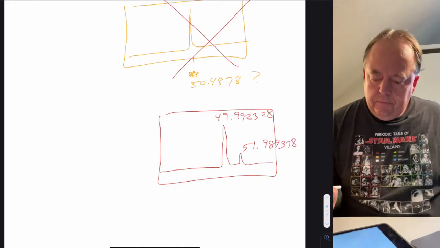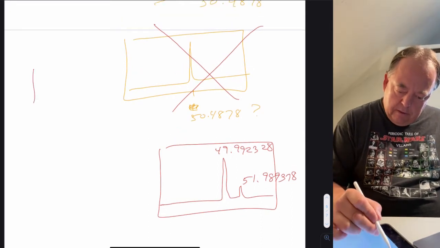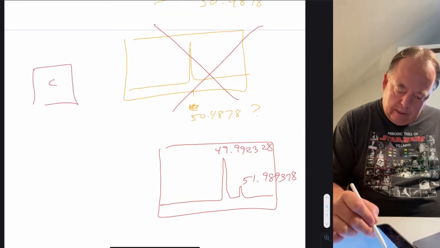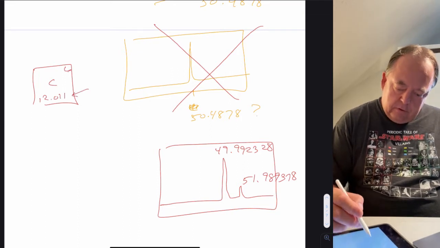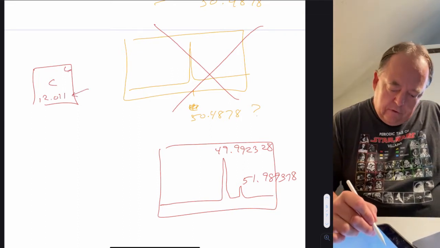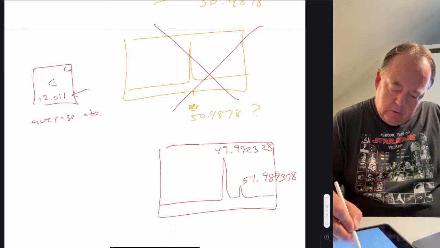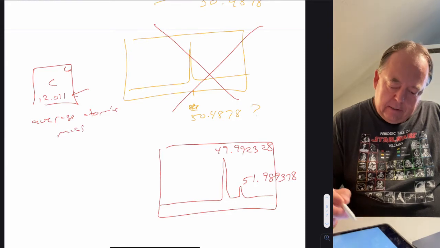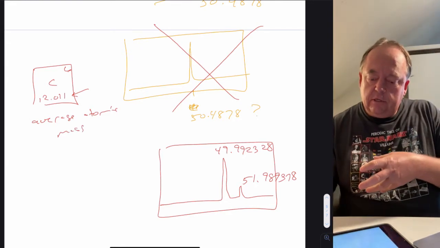So 2 peaks. Why 2 peaks? Well, first of all, you have to keep in mind, if you're looking at a periodic table, this 12.011 is the average atomic mass, right? The average of what? Average of all of the different isotopes in nature.